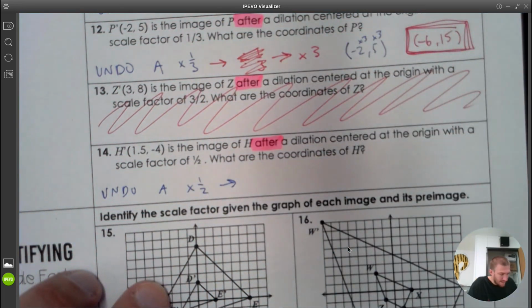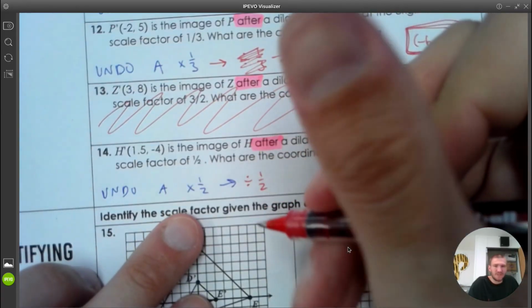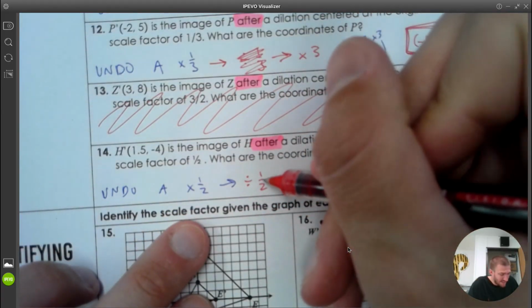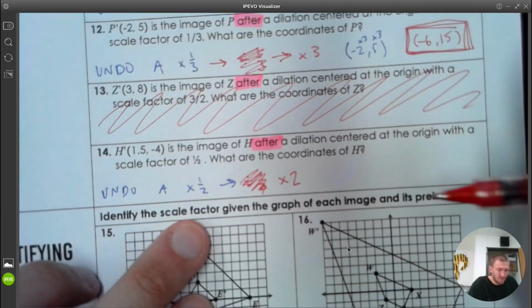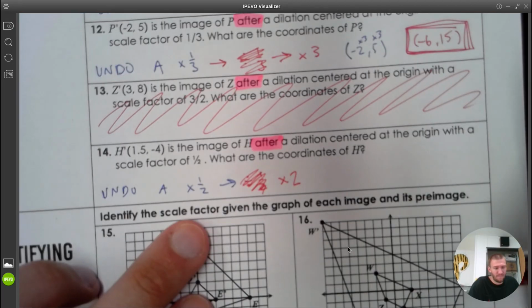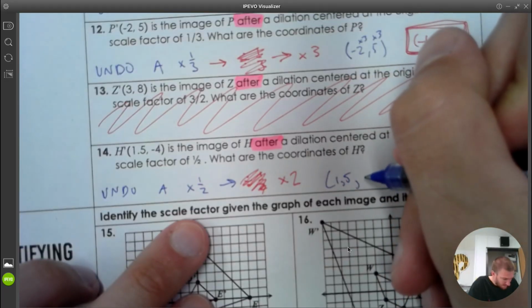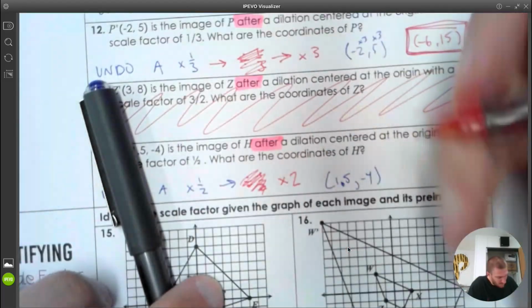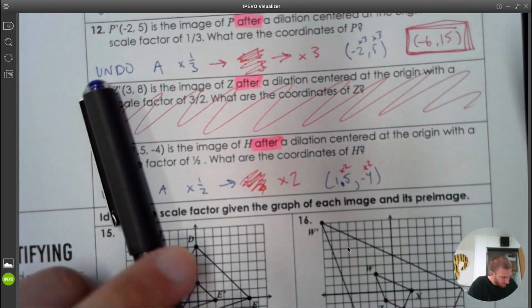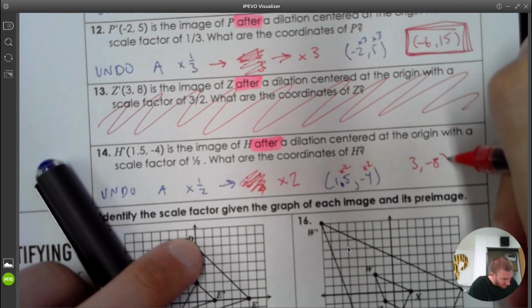That means instead of divide by 1/2, which is dividing by a fraction, maybe it's better if I say that we want to do a times 2. I've got 1.5 and -4 times 2 times 2. I've got 3, -8.